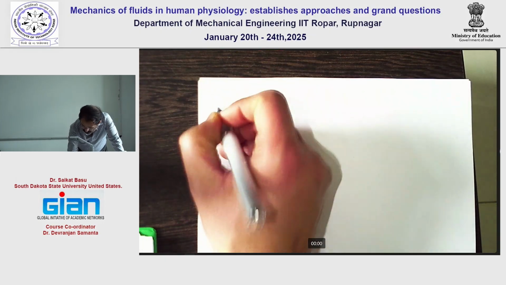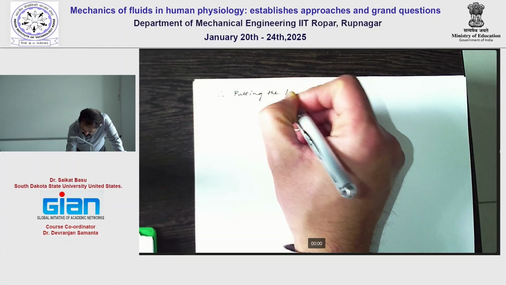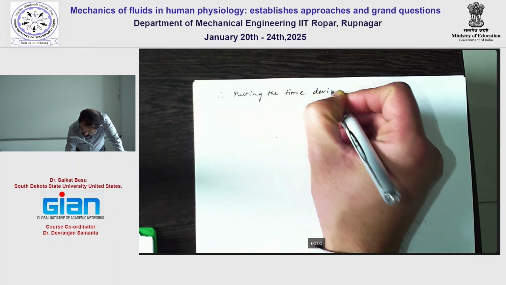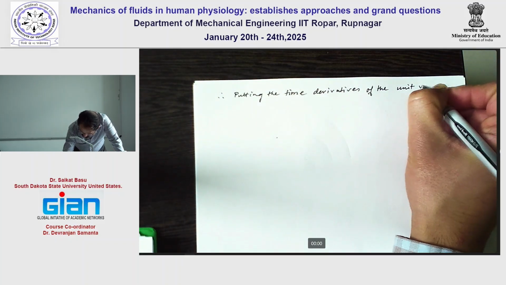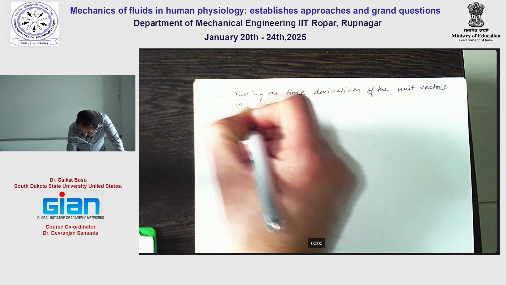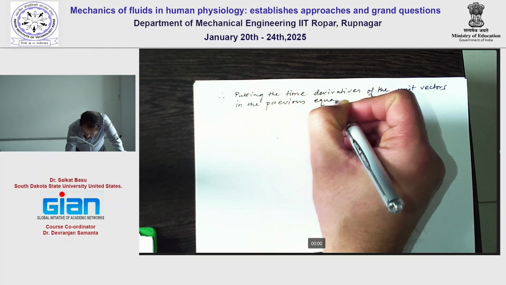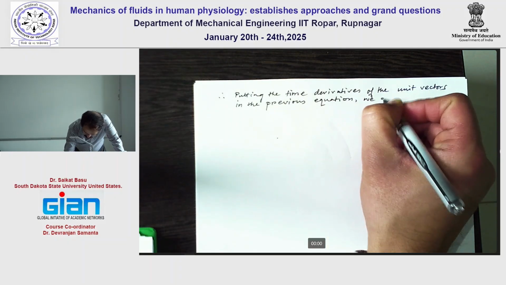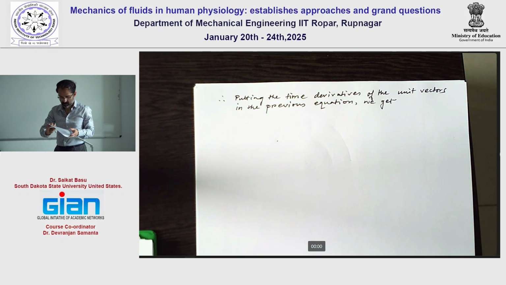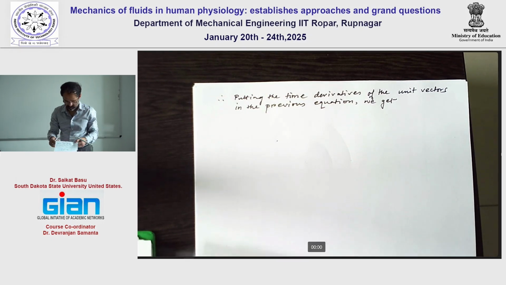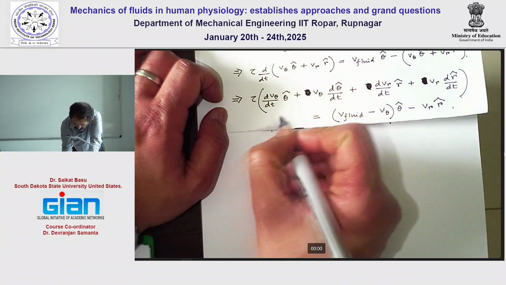Okay, so therefore putting the time derivatives of the unit vectors in the previous equation, we get, so the previous equation was this. So let me just copy the part.